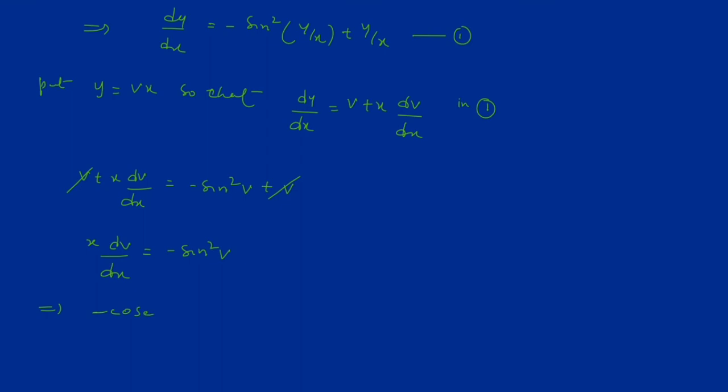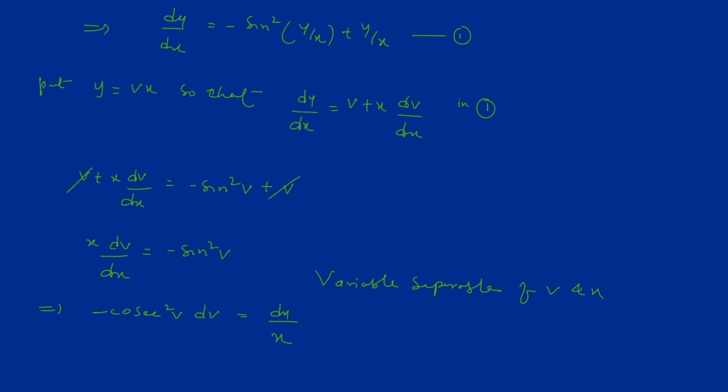So minus cosec square of v into dv, variable separable here, right? So in RHS, what we get, dx upon x, that is variable separable of v and x, right?